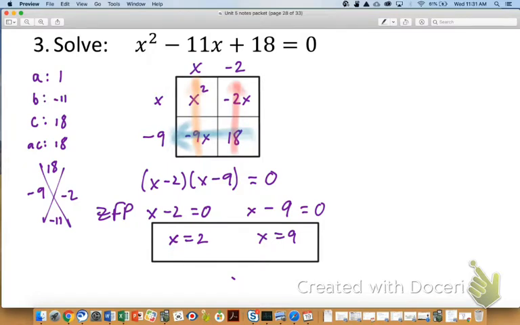So the top one wouldn't be the solved one, that would be the solved one. If you say you solved something and you don't have x equals some number, you haven't solved it yet. So at no point do I have x equals anything until the very bottom in the box, right? At that point, I've got x equals 2, x equals 9. I know what my values of x need to be to make that equation true.